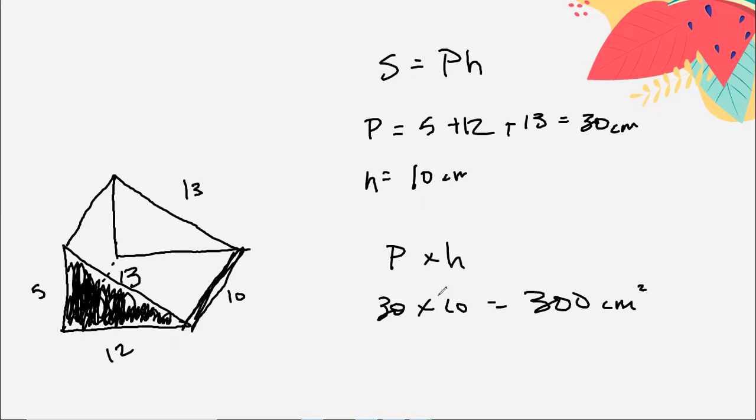Centimeters squared would be our answer. Just put centimeters squared, you get the idea. Base times height divided by 2. I'll show you in just a second.